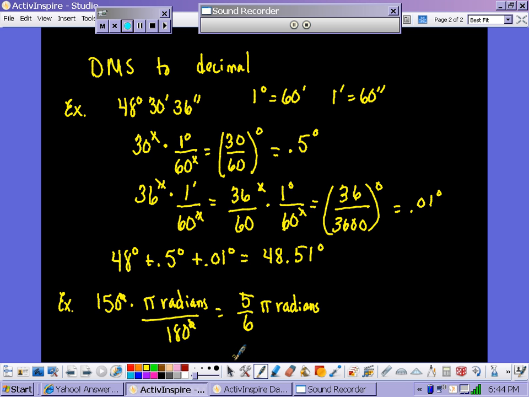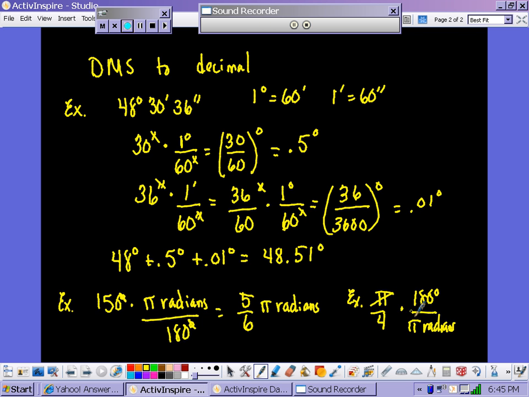And then we can convert vice versa from radians to degrees. So to convert from radians to degrees, let's look at that example and then we'll be done for today. Let's look at pi over 4. Now this is in radians, so instead of multiplying by pi radians over 180 degrees, we're going to have to multiply by 180 degrees over pi radians.